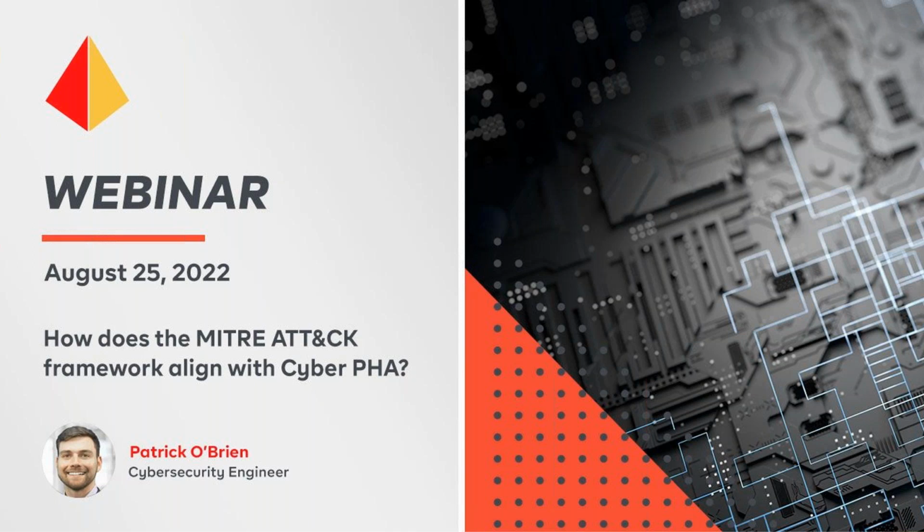Okay, another question that I'm seeing here is, is using the ATT&CK methodology a mandatory standard requirement? If we look at the IEC 62443 3-2 methodology, does it say, use the ATT&CK framework, use these specific threat vectors?